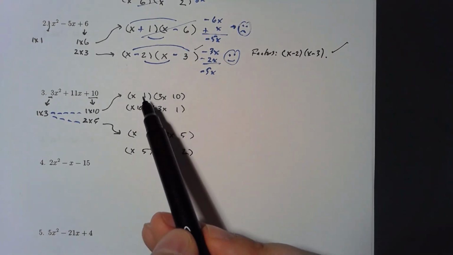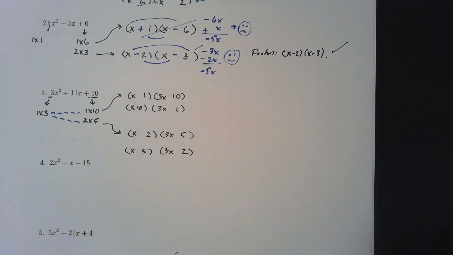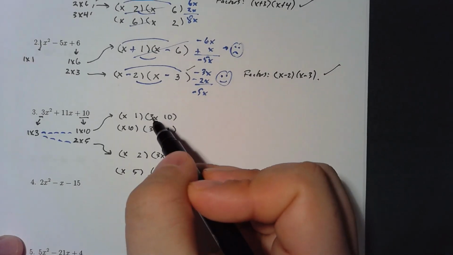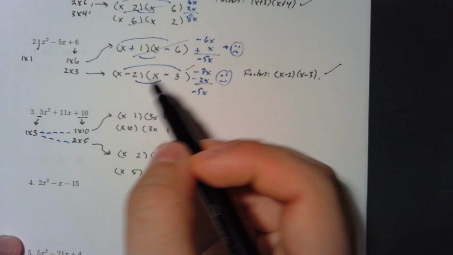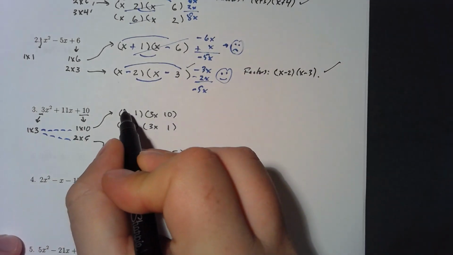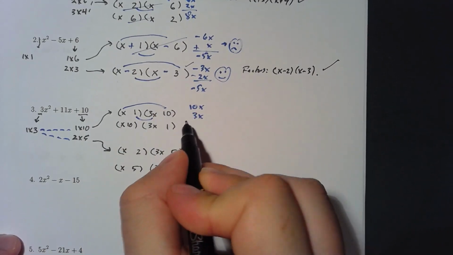Now I just need to figure out which pair is going to give me 11x. Once I find that, I'll have my factors. As you get better at doing this, you won't have to write all the outside inside jargon down. You could do that in your head almost. So this is going to be 10x. This is 3x.